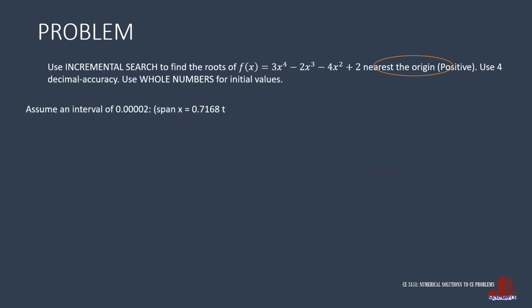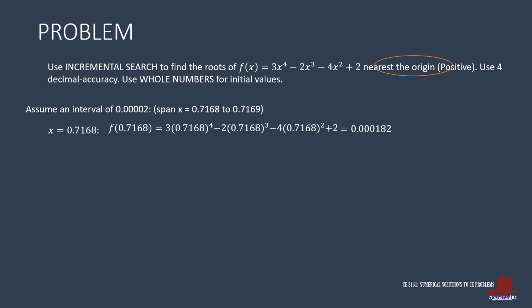This time, we use an interval of 0.00002 and start with x of 0.7168. This is the lower limit, so we add the increments, starting with x of 0.71682. Plugging this into the function, we would have f of x as 0.000094.